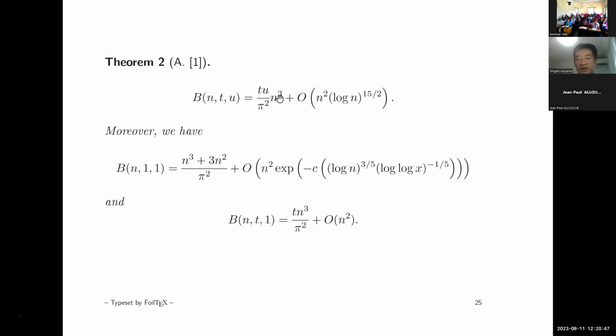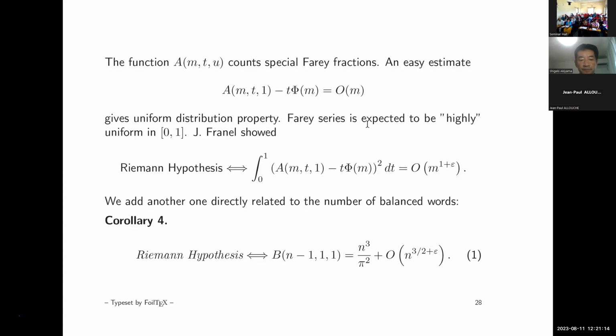So the main part is cubic, the growth is cubic, and then we have some error term. And t and u are given, then we have some error term. The technique is rather number theoretical, but if I have time, I will explain a little bit. But the most important part of my talk today is this one.